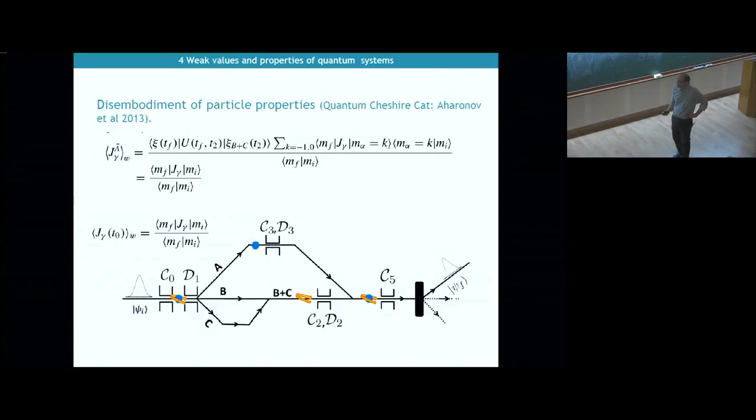So the picture it gives you is that the component of the angular momentum along that direction would somehow travel in this region like this, whereas the spatial wave function would only travel in this region. Although, as we saw earlier, if we make a weak measurement here and here, we are also able to find it.